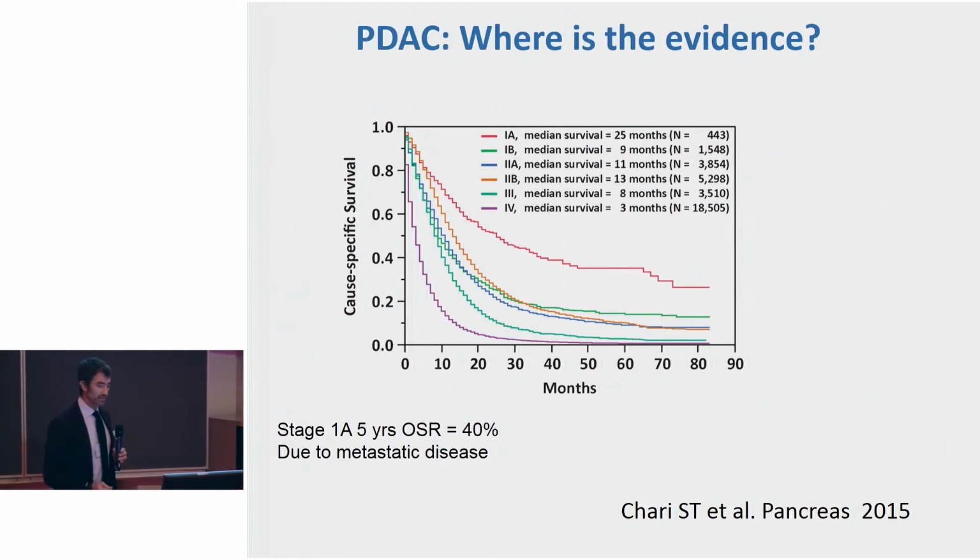So coming back to the first slide, if we consider PDAC and we are dealing with a stage 1A that has a survival rate at 5 years of 40%, what could be the next step? What could be the evidence in the future?